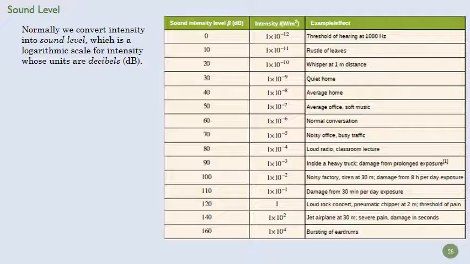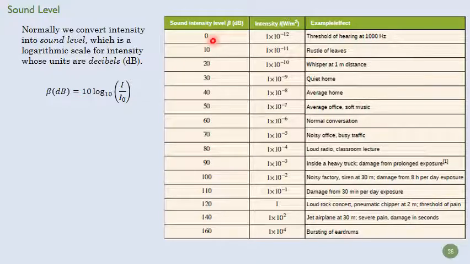You saw on that plot last time intensity on one bar and decibels on the other. And decibels are a little tricky because it's a logarithmic scale, and it's a logarithmic scale multiplied by 10.